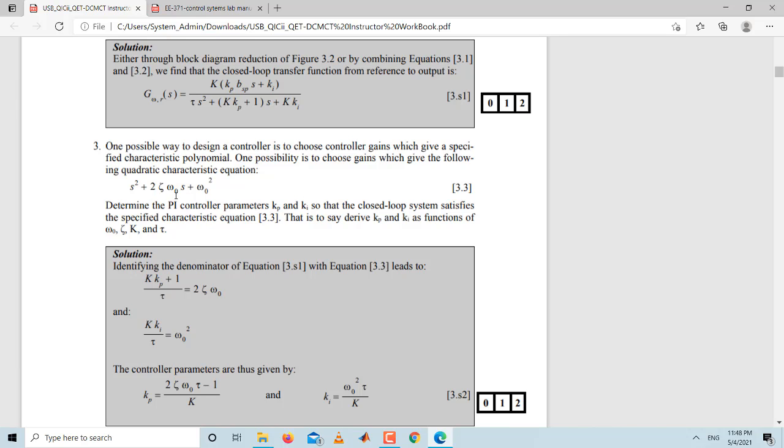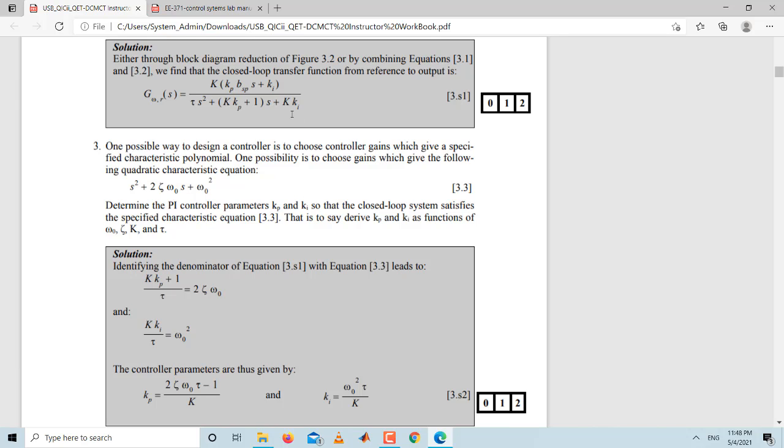So 2 zeta omega naught is the coefficient of s. So the coefficient of s here is capital K into Kp plus 1 by tau. So you can just write one relation here.